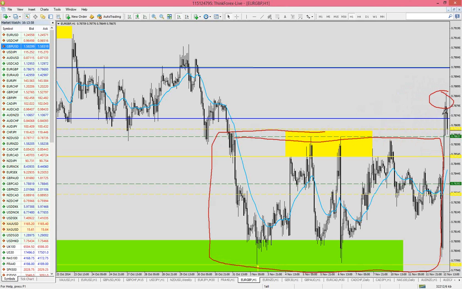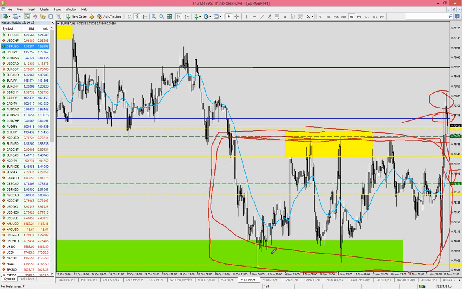We took short at 70. What we are looking for is a move back into that zone. If that happens, we do expect a move down towards 78, right? So we are risking like 20 pips to get 70. So it's well above a 1 to 3 risk reward ratio in that case.